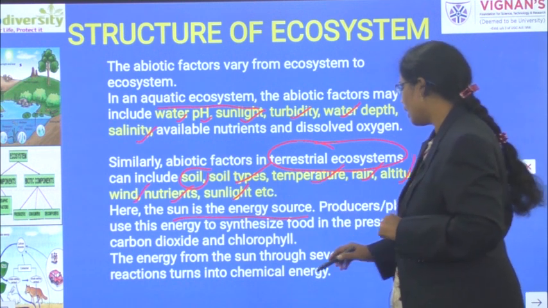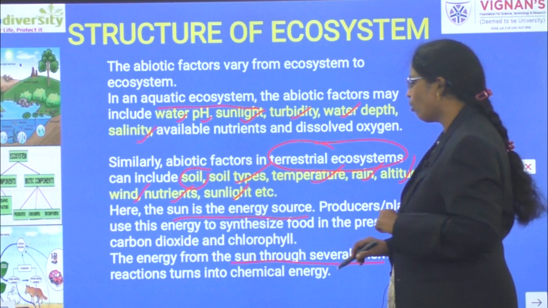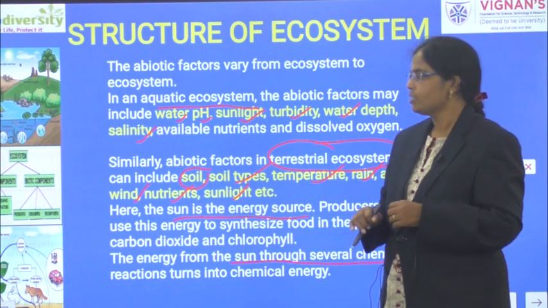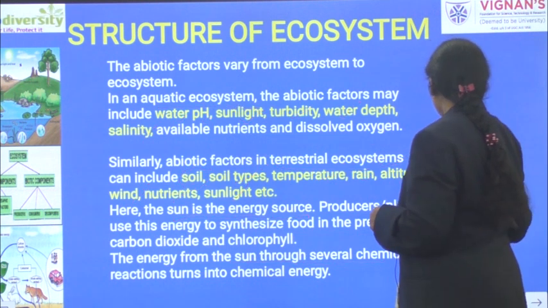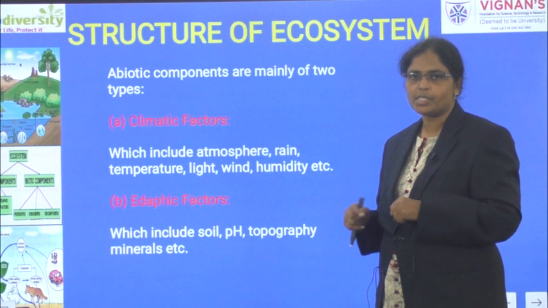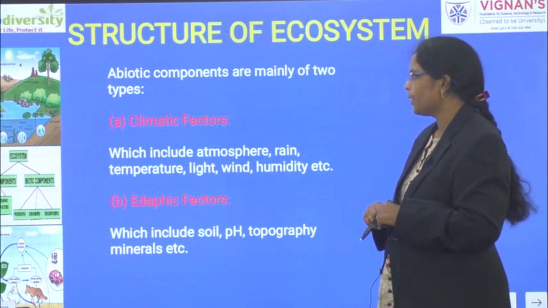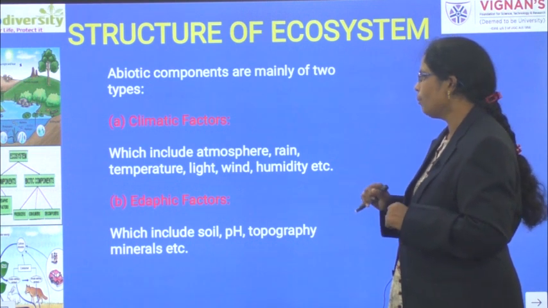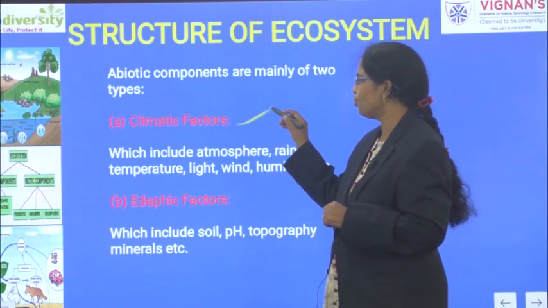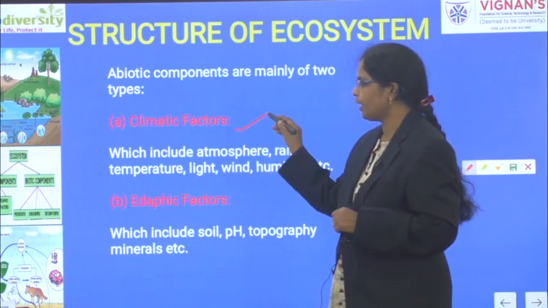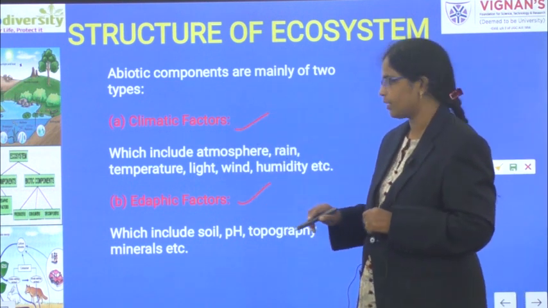Like this, the sun plays an important role in the biological reactions of the ecosystem. So these are the abiotic factors of both the aquatic as well as the terrestrial ecosystem. And if you see the classification of these abiotic components, we categorize them into two categories. The first one is the climatic factors, the second one is the edaphic factors.